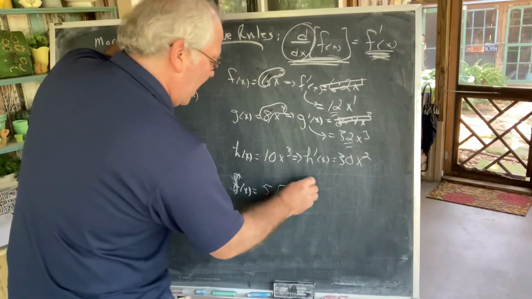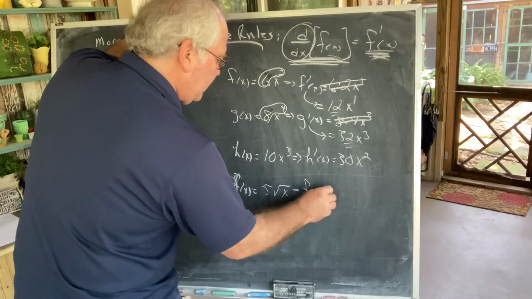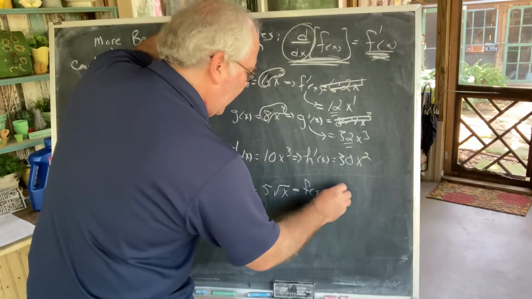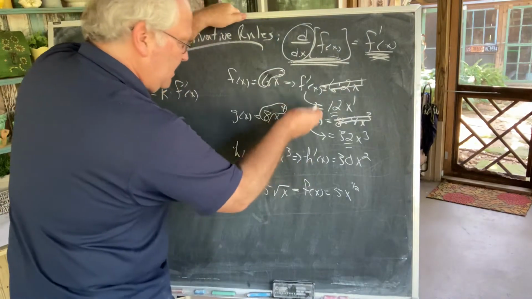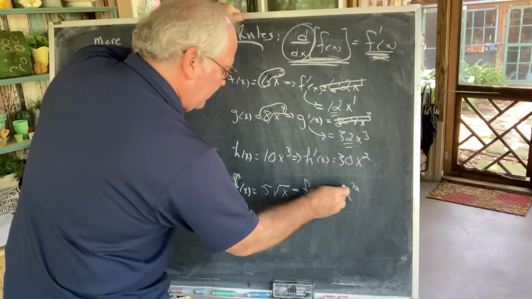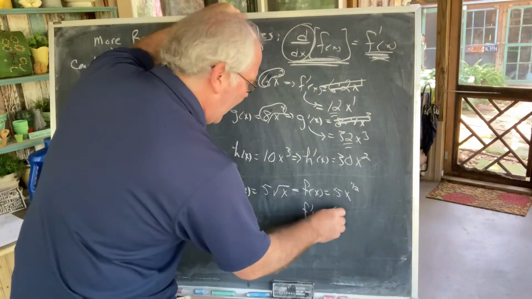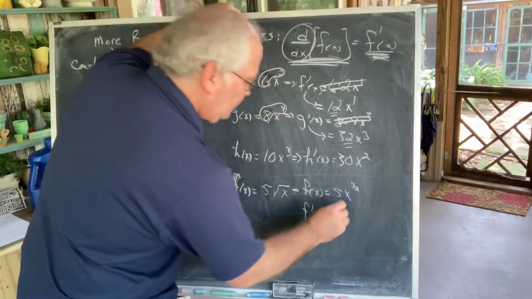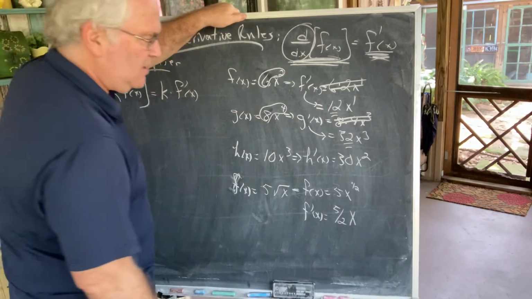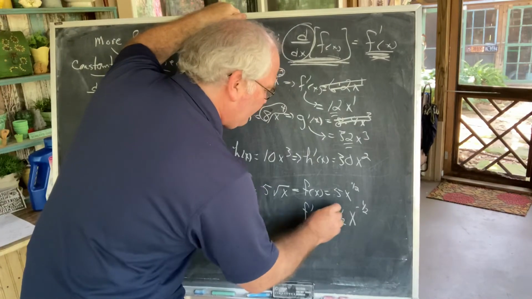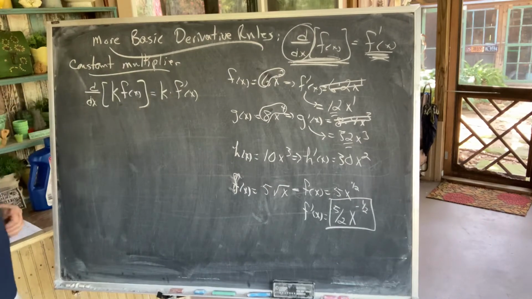There's no calculus happening here, this is just rewriting. f of x is 5x to the 1/2. Then our extended power rule says multiply by the coefficient, so 5 times 1/2 is 5/2, x raised to the 1/2 minus 1. That's 1/2 minus 2/2, which is negative 1/2. And that's our derivative. So the constant multipliers multiply along.